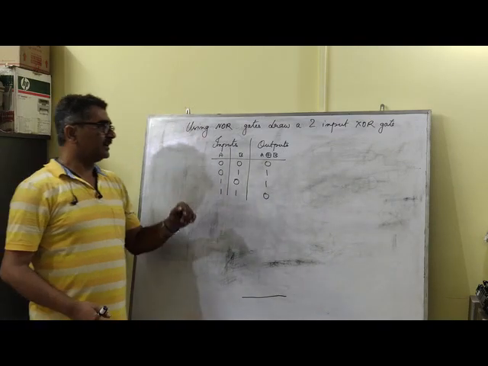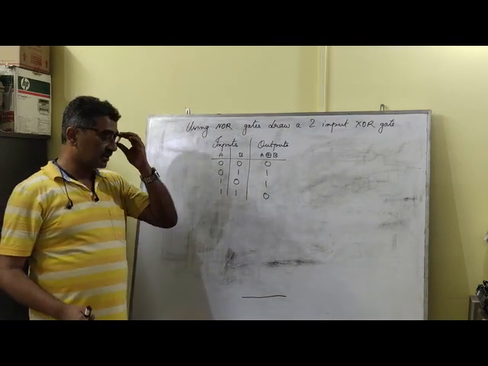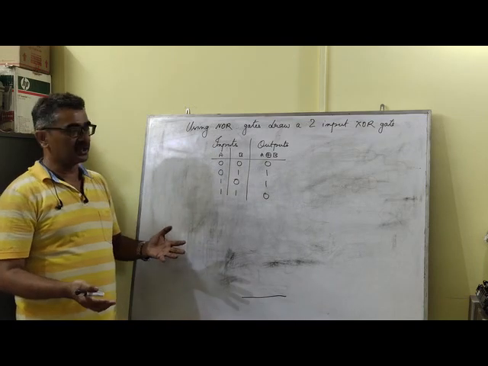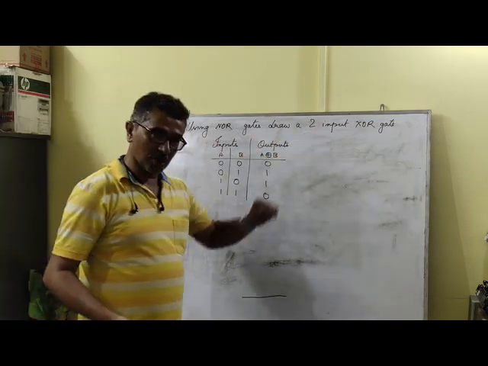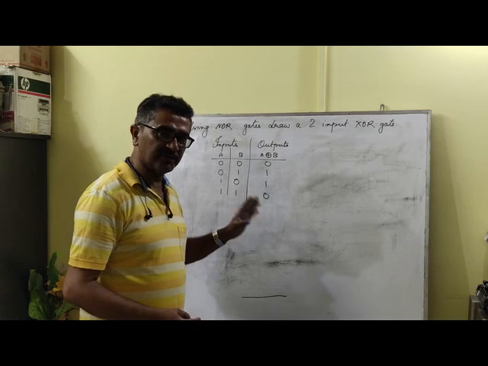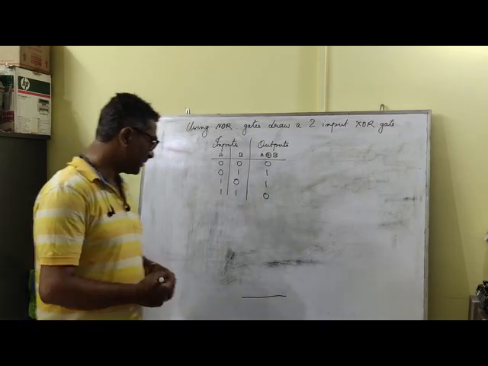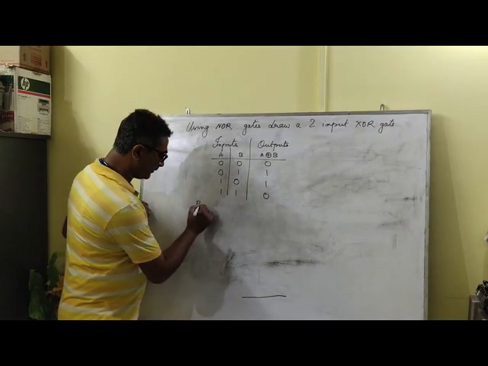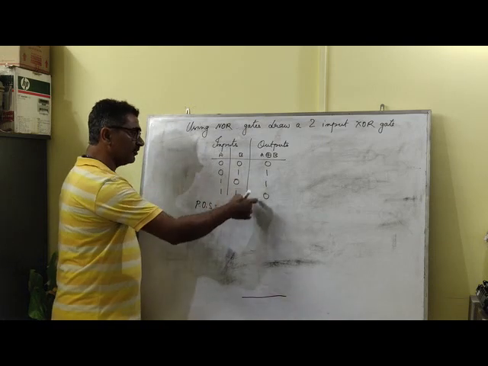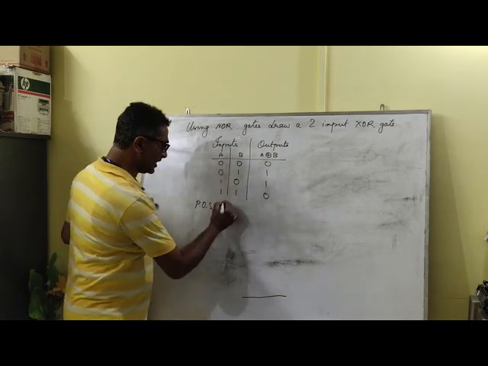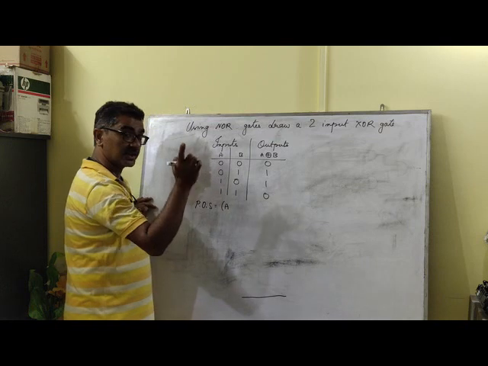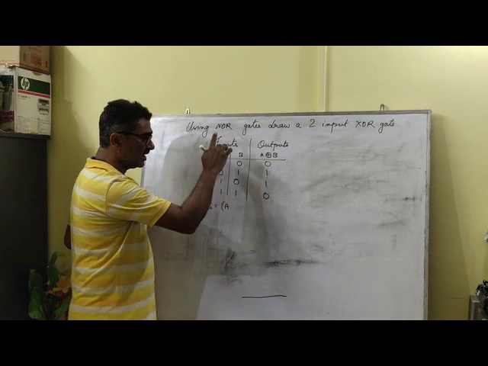Now, for finding the NOR logic circuit for the XOR expression, what do we do? First of all, we are going to find the product of sum form. So for product of sum we'll look at the zeros, and 0 will remain as it is. I believe you remember the construction technique for finding the product of sum expression from a truth table.